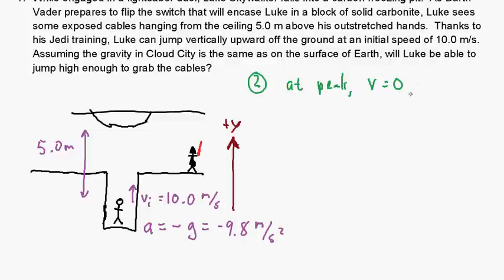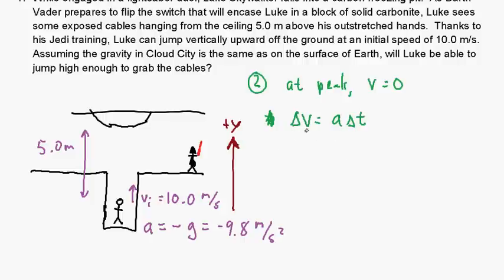Then what we could do is say, what's the time it's going to take for Luke to reach the peak? So delta V is acceleration times delta t, or you could just say t if you want to say you start at time 0.